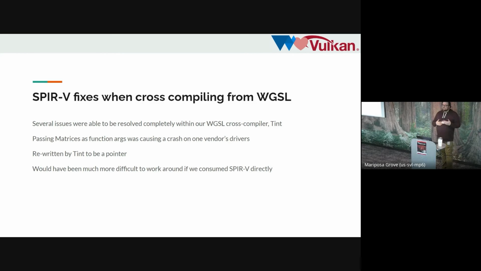This would have been a lot more difficult to work around if we had made the decision to consume SPIR-V directly. It wouldn't have been impossible. We certainly could have done it, but it would have involved parsing out the SPIR-V, building out the syntax tree, looking for this particular situation, rewriting the SPIR-V, and then passing it back in. At that point, you're starting to lose some of the benefit of consuming SPIR-V directly if we're having to go through that much manipulation before we can actually pass it off.